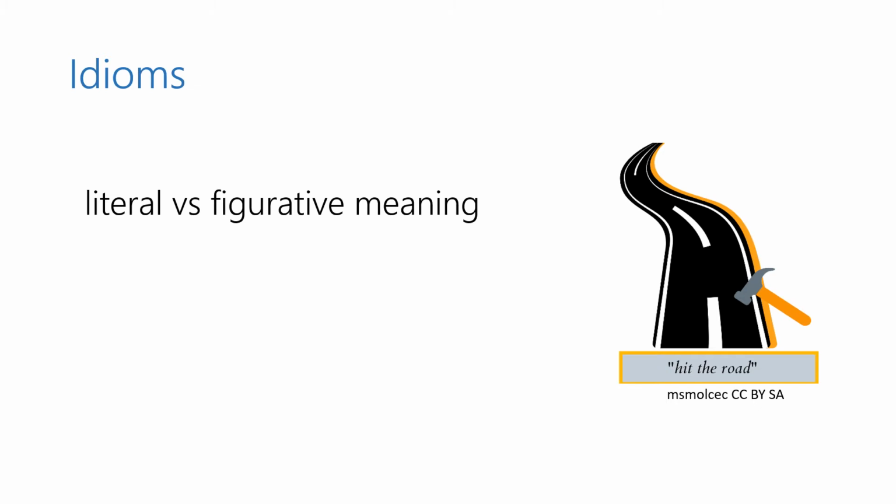Idioms are words or phrases that aren't meant to be taken literally. They usually have a different meaning from what you see. So, for example, hit the road doesn't mean that you will take a hammer and hit the road. It means to start your journey.